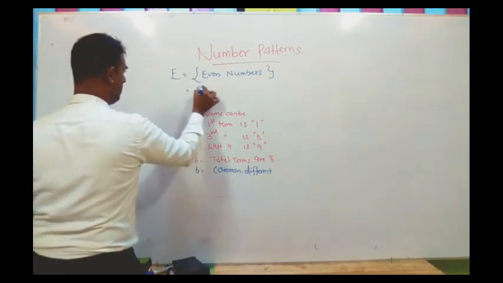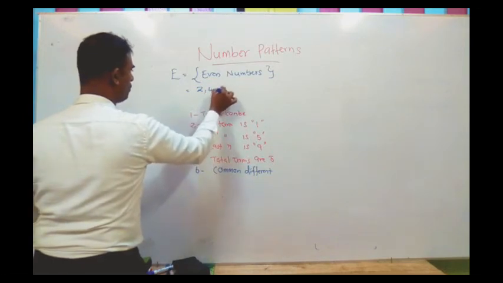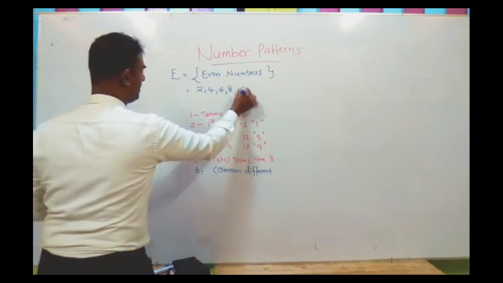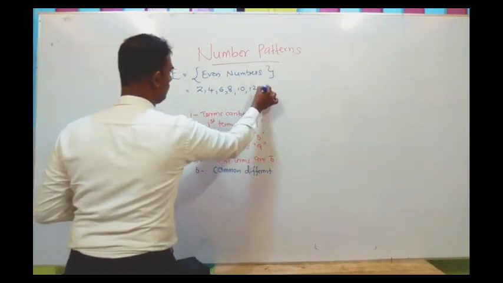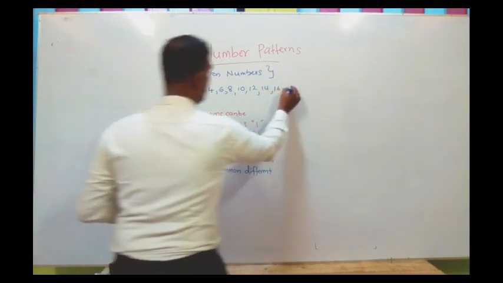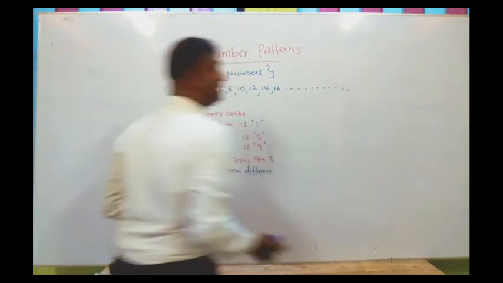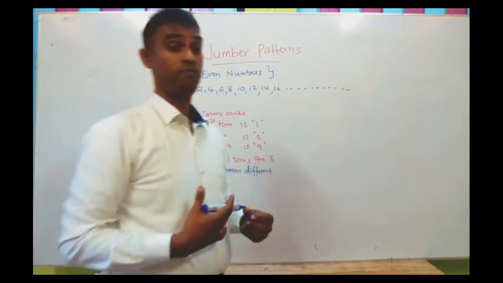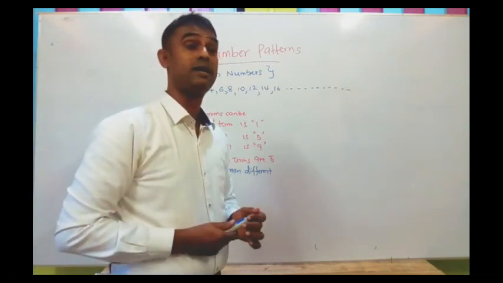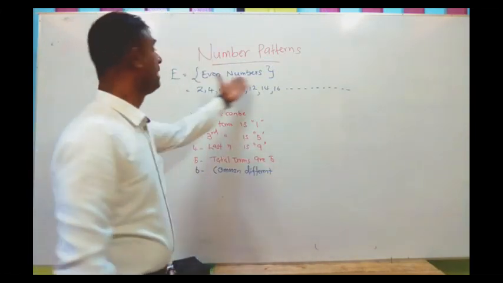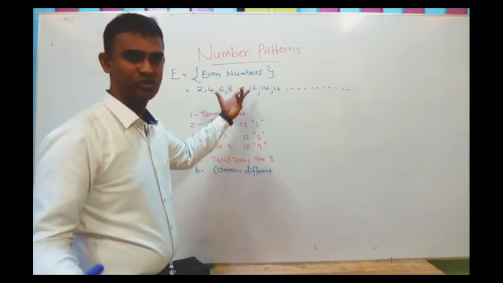What are the even numbers? 2, 4, 6, 8, 10, 12, 14, 16, and so on. There are uncountable terms. Even numbers have no limitations.